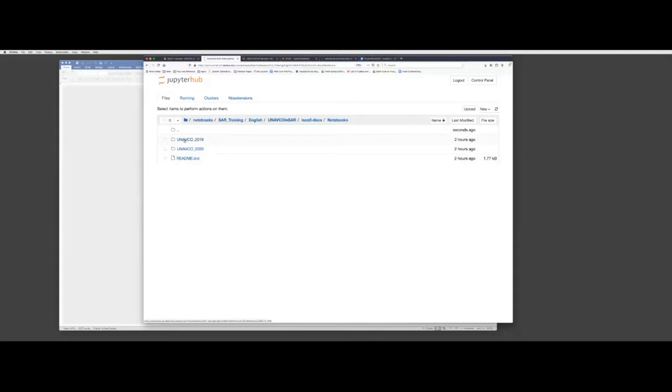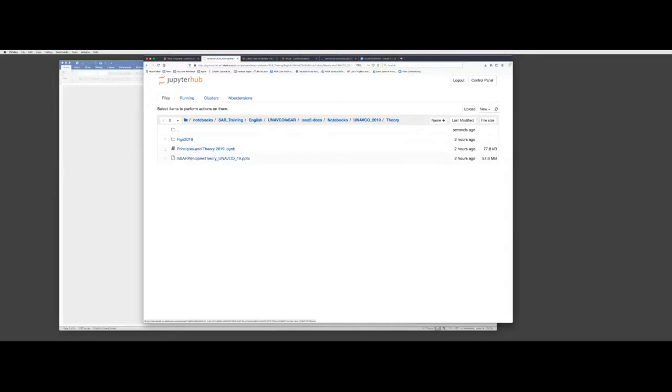Under last year's notebooks, there is a theory notebook section that has a PowerPoint, which includes all the SAR and InSAR and correlation notes as PowerPoint.